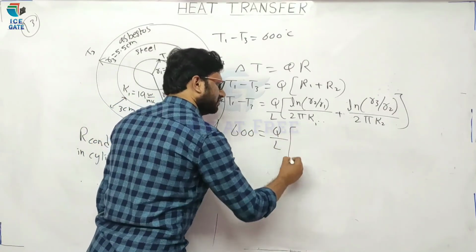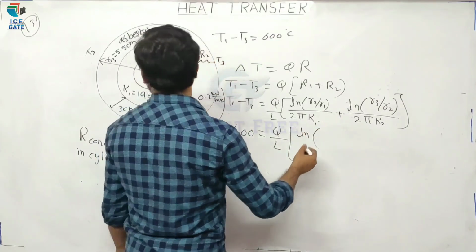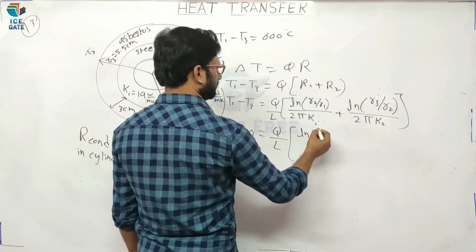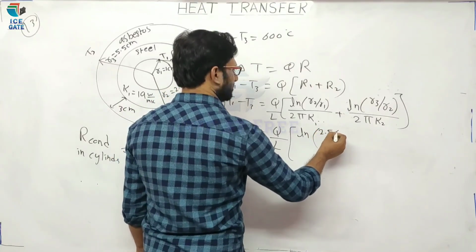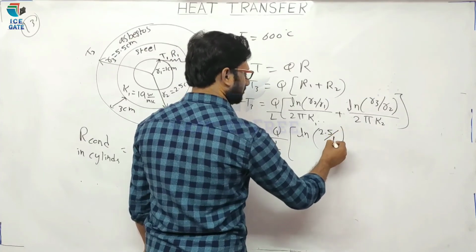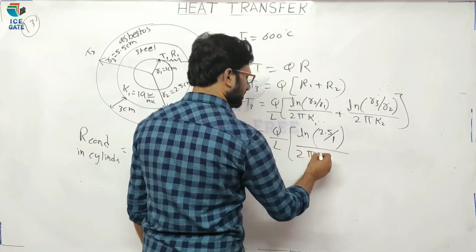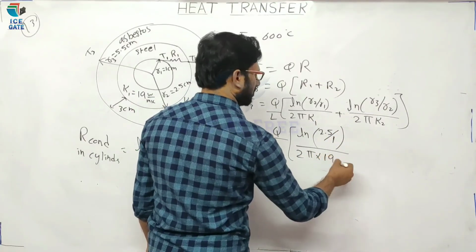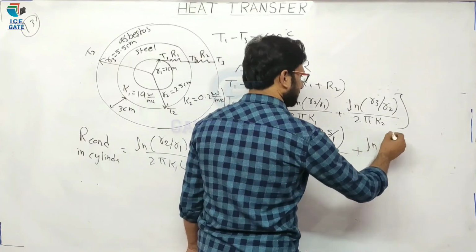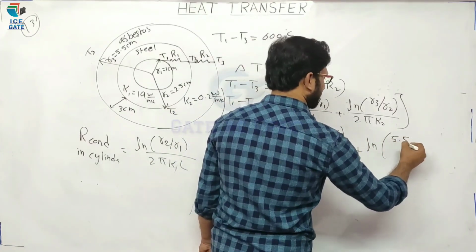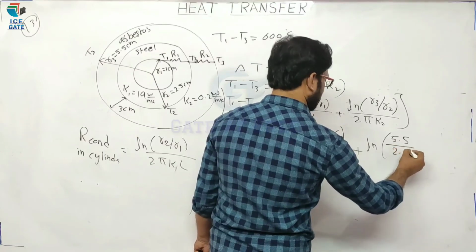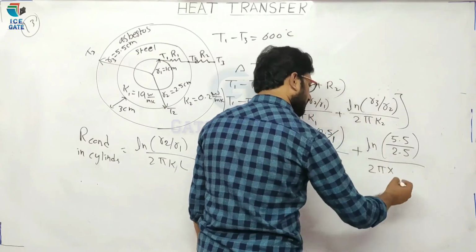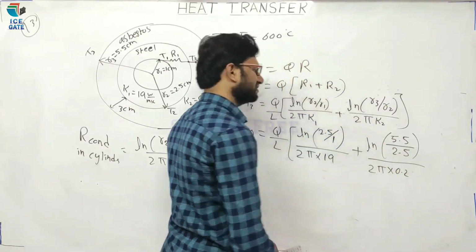Ln of 2.5 divided by 1, divided by 2 pi K1, where K1 is 19 watt per meter Kelvin, plus ln of 5.5 centimeter divided by 2.5, divided by 2 pi K2, where K2 is 0.2, the thermal conductivity of asbestos.